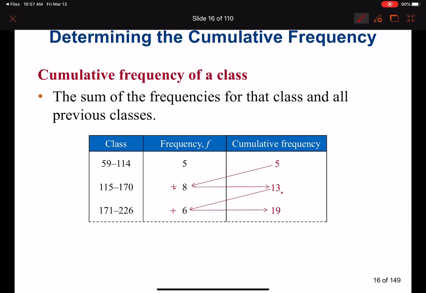This 13 shows the total between 59 and 170. Then we add another 6 for the third one, and we get 19. 19 shows that a total of 19 GPS were sold between price 59 and 226, based on the cumulative frequency we calculated. Okay?